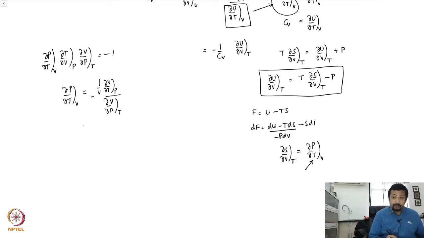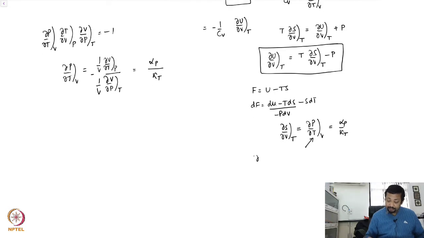I multiply by 1 by V, I divide by 1 by V, the ratio remains the same, and this I immediately identify as alpha P, the expansion coefficient of the gas, divided by the isothermal compressibility, so that this answer gives me alpha P over kappa T.